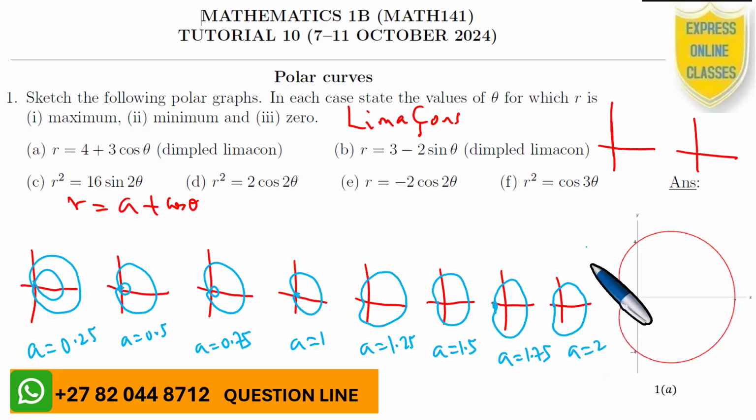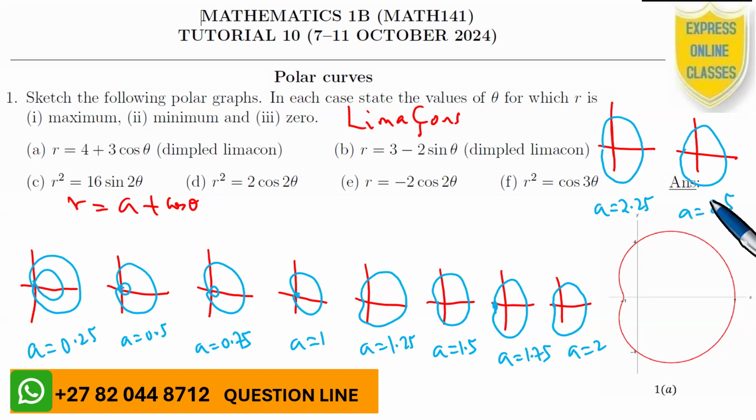And then this one that is almost a perfect circle, but oval like an ellipse, which is 2.25. And then there's this one that is a perfect circle, and it is A equals 2.5.